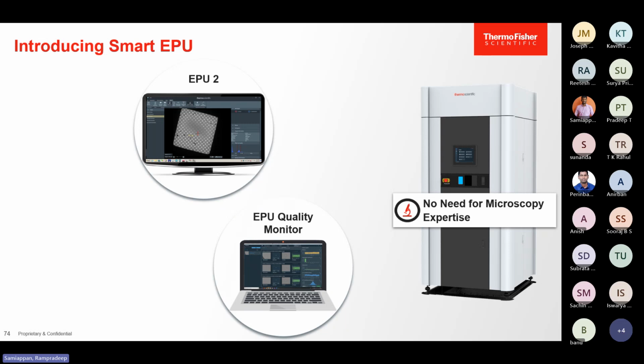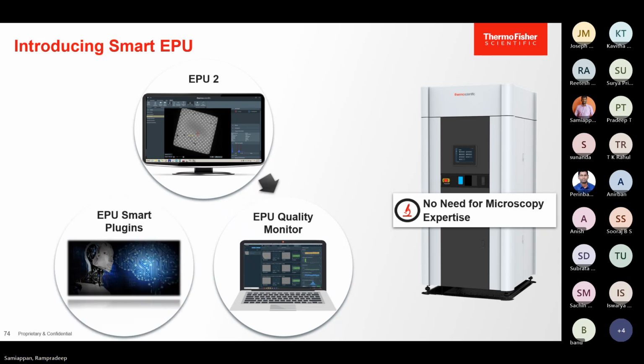Even during the data collection process, the smart EPU can filter good and bad particles, and you can get an initial result. Prior to the image processing software, there is a small analysis that smart EPU can do.